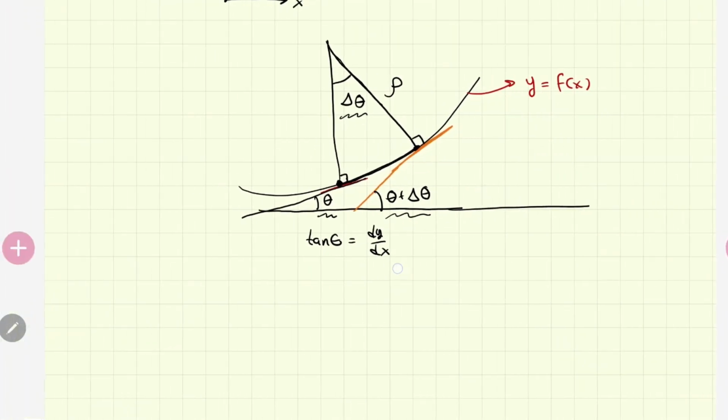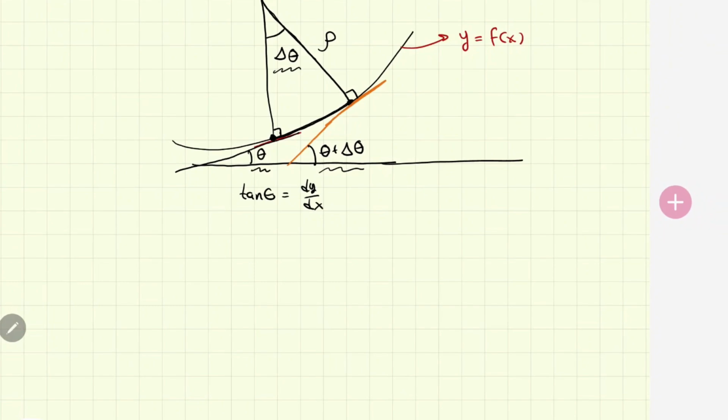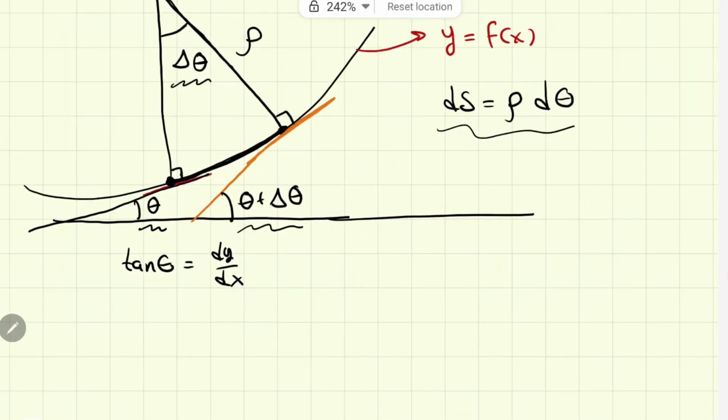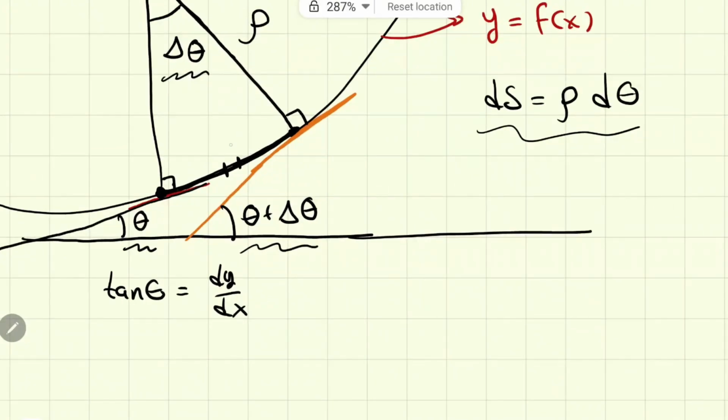Okay, so we know that there is a famous relation between the angle, the radius, and the length of this arc over here, which is ds equals rho d theta, right? This is for a circular geometry, remember, where ds is going to be a differential element of the arc.